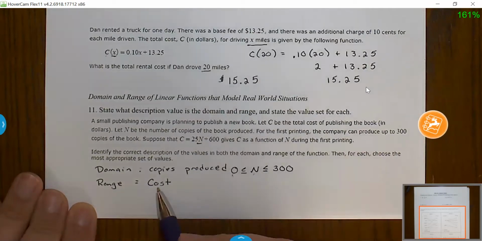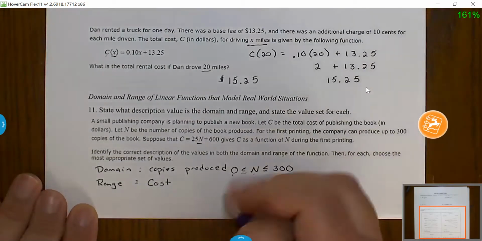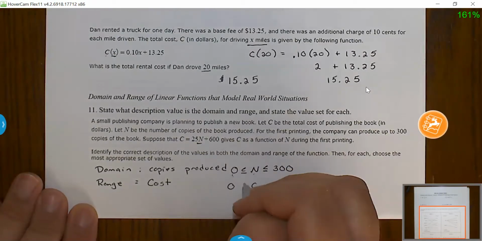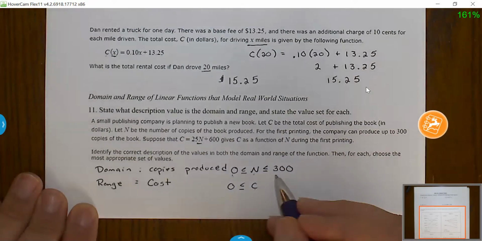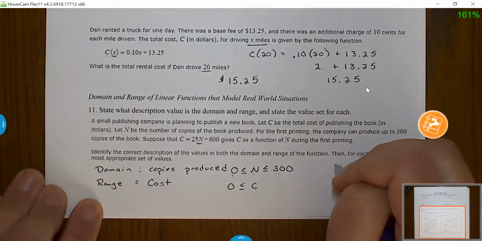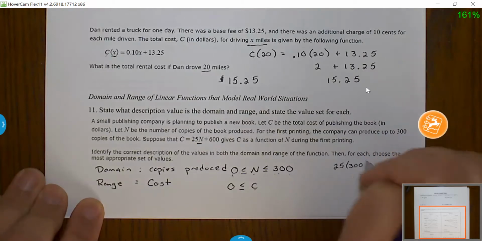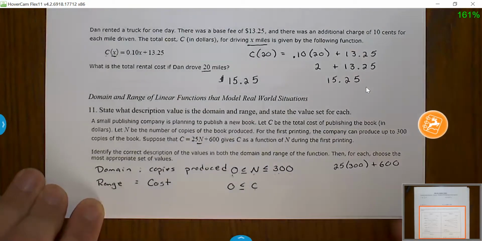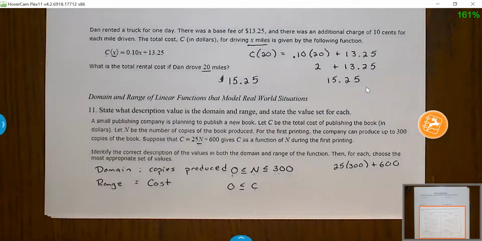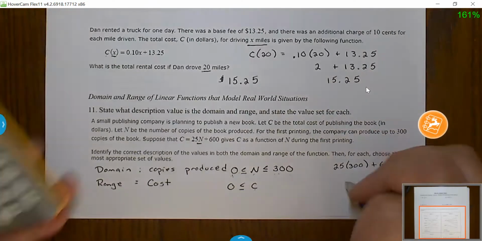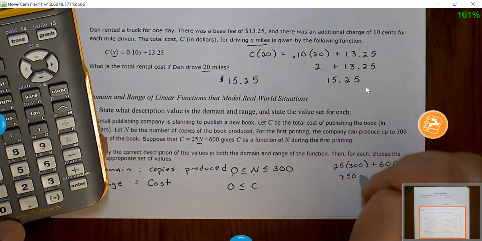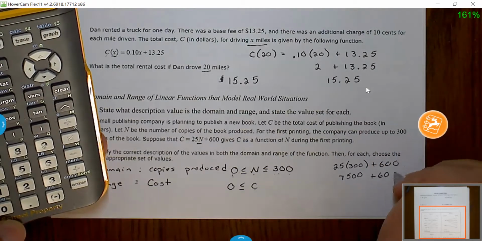So what is the cost of producing 0 books? 0. Okay. Then what would be the cost of producing 300 books? So if I plugged 300 into our cost function, I'd have 25 times 300, which would be 7,500 plus 600.